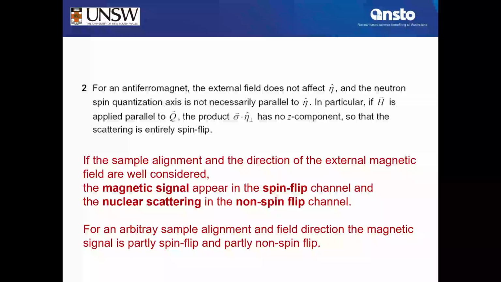If you have an arbitrary sample alignment, we get both channels partly spin flip and partly non-spin flip for the magnetic signal. So the trick is we have to align our crystal in an ideal orientation, and then all the magnetic neutron scattering takes place after a spin flip. That's the trick of polarized neutron scattering.